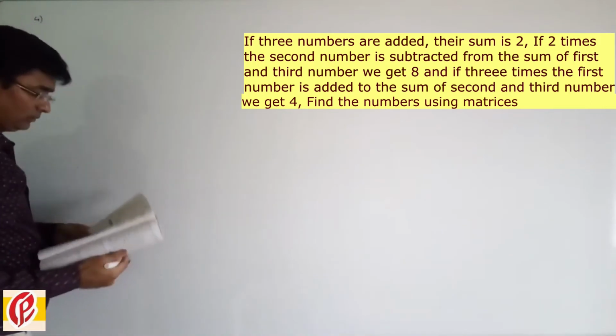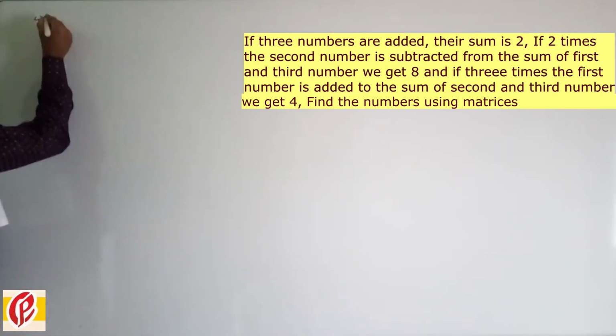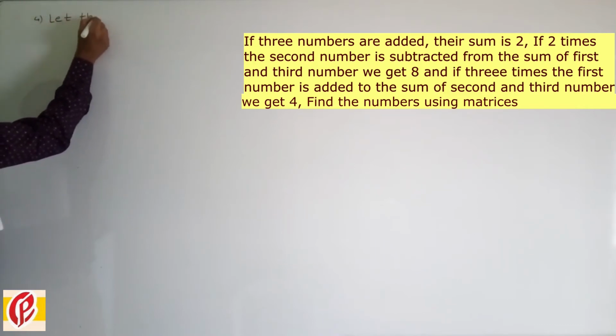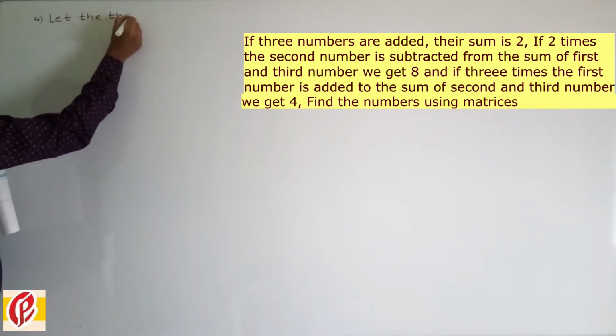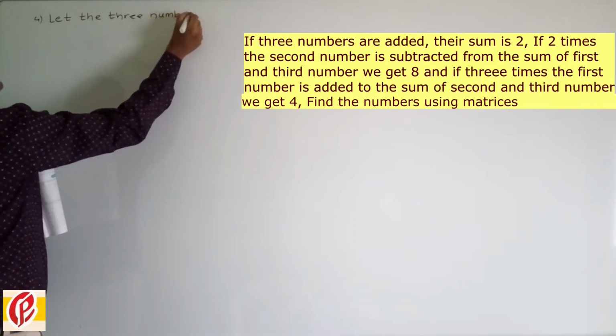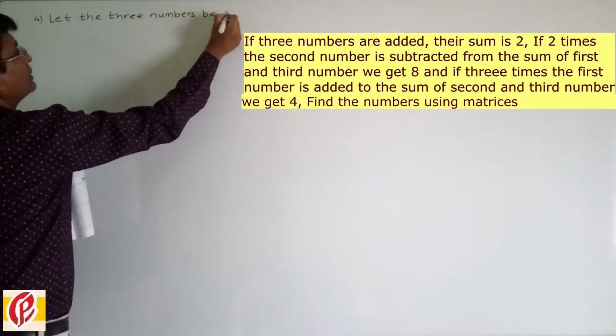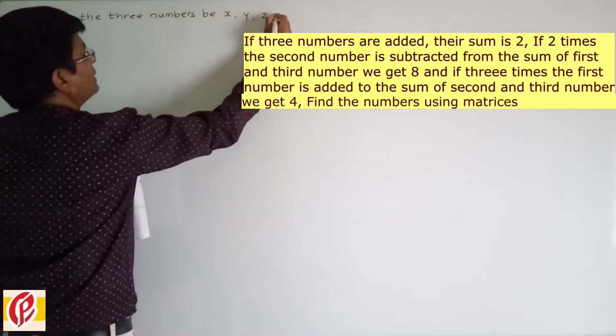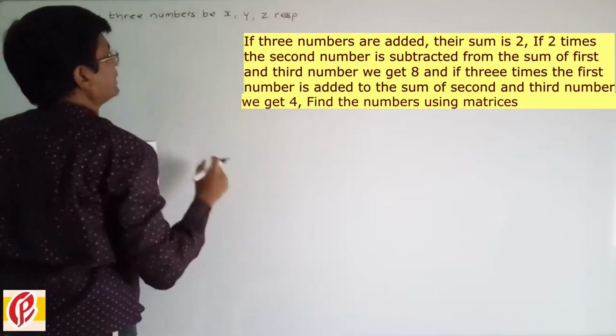So fourth sum: let the three numbers be x, y and z respectively.